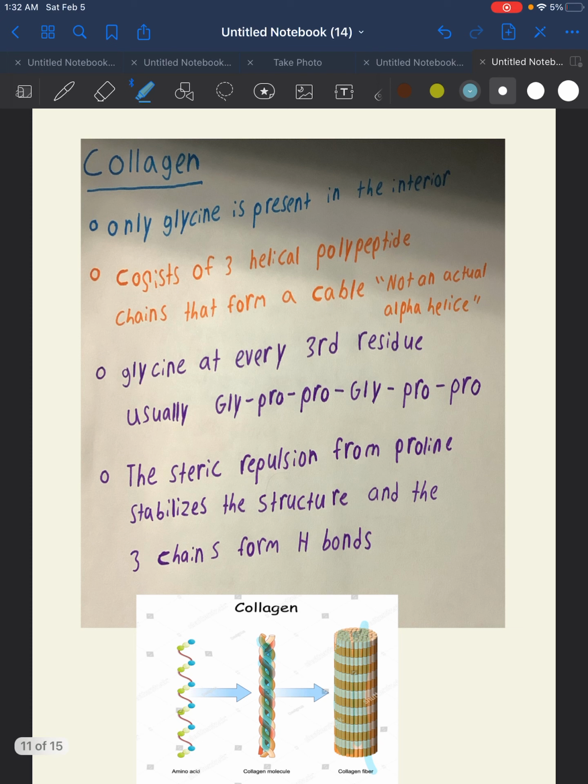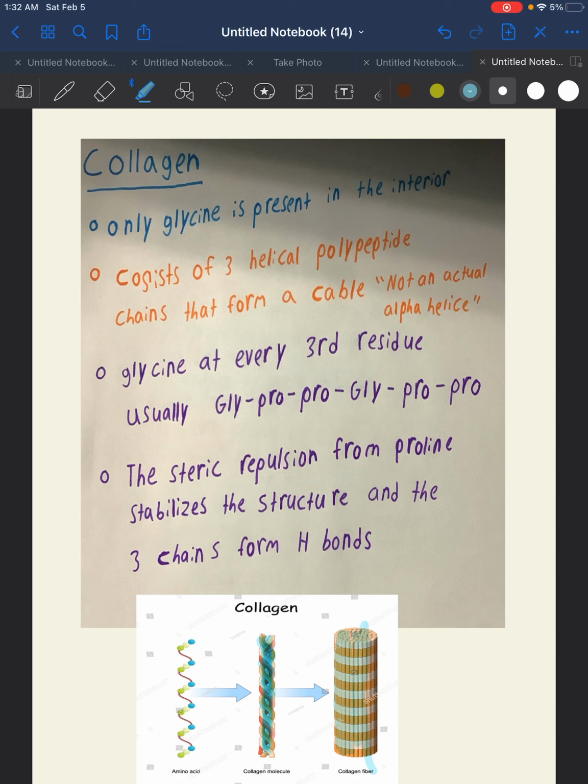Collagen. So collagen only has glycine on its interior. Glycine is on the interior of this collagen molecule only. And collagen usually consists of only glycine and proline, and the proline actually helps stabilize it via steric repulsion. What else also stabilizes it is hydrogen bonds that form between these 3 polypeptide helical structures. So collagen isn't actually made of alpha helices like the coiled structure.